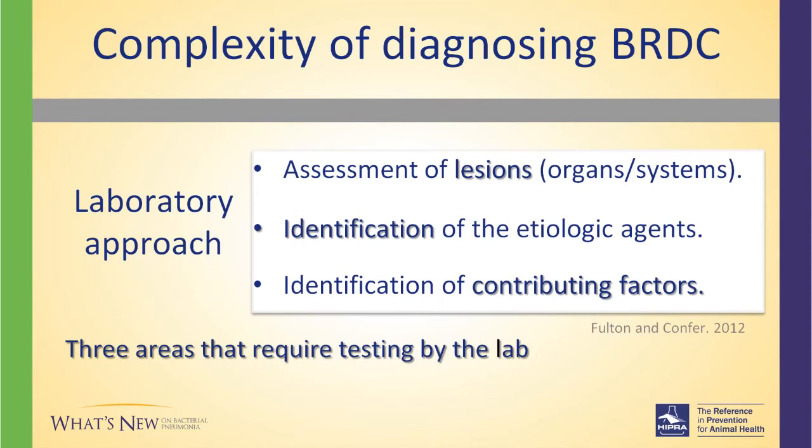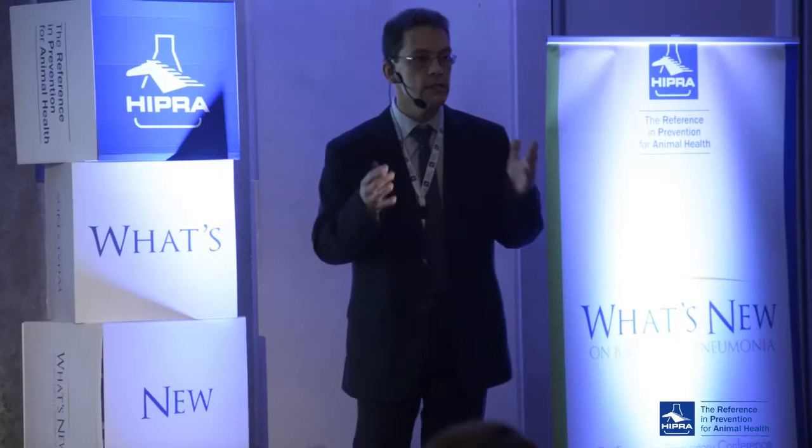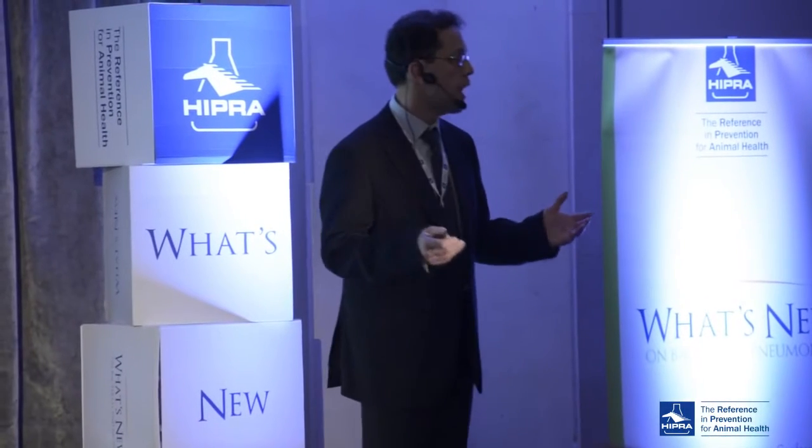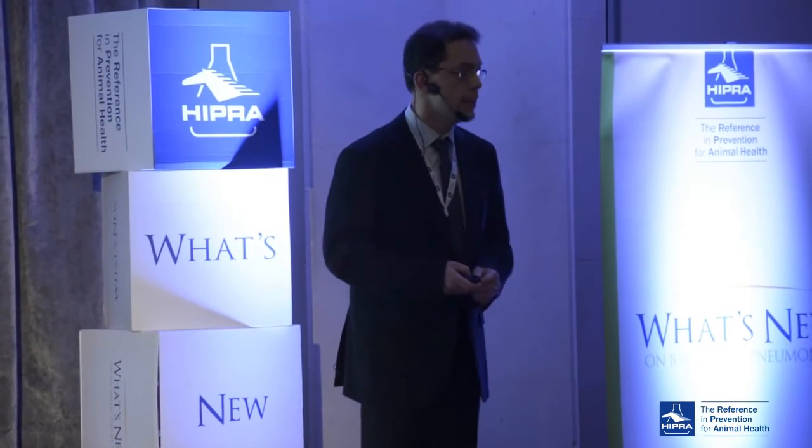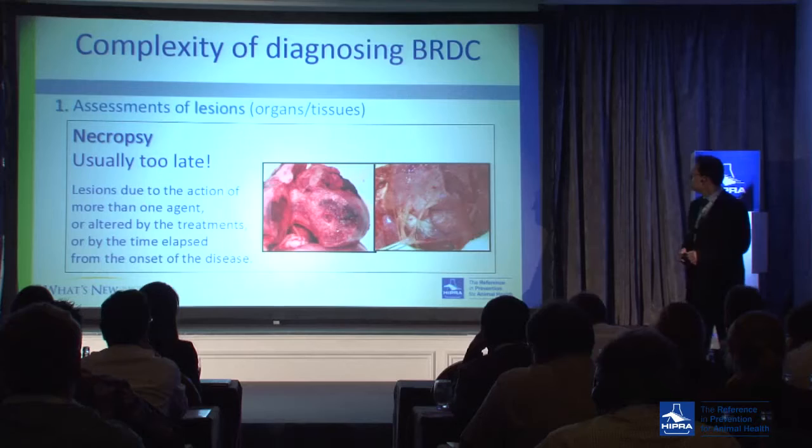The second testing area is, in fact, our main task in the laboratory, which is the accurate identification of the bacteria or viruses or mycoplasma that are involved in the disease. And finally, some contributing factors that can also be assessed or measured in the laboratory, for instance, the composition of diets or the quality of water, etc.